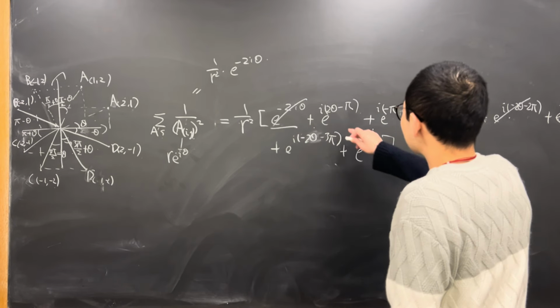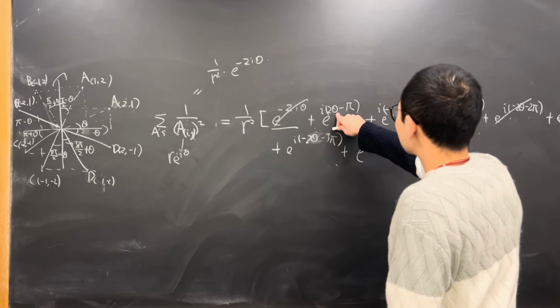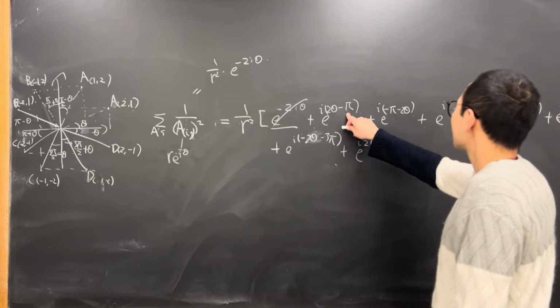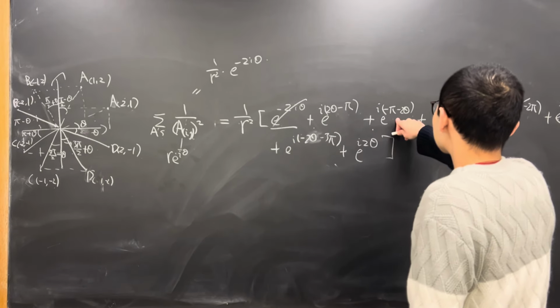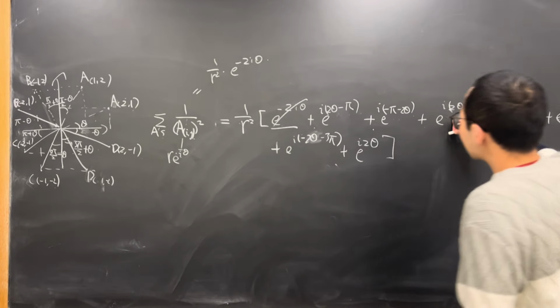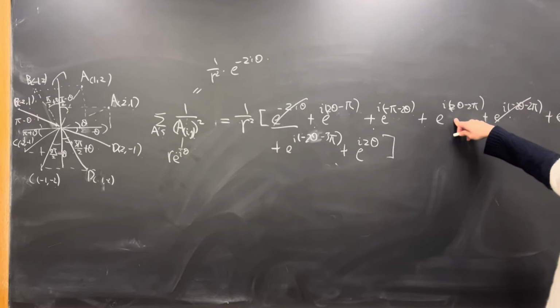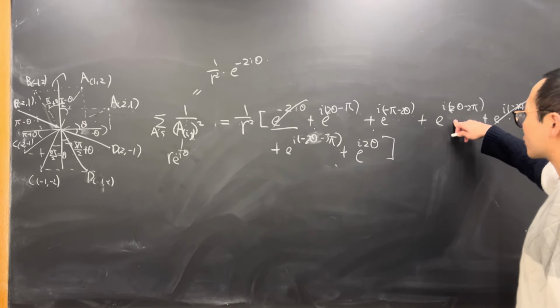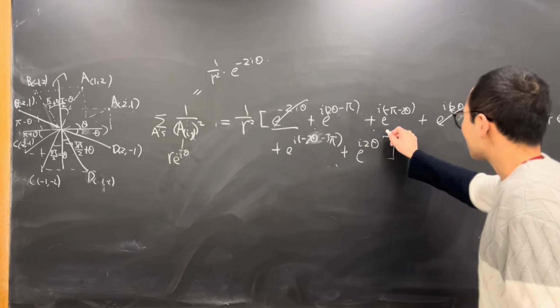Then you have positive 2 theta and negative 2 theta, and this is just 2 pi, so this one cancels out with this one.